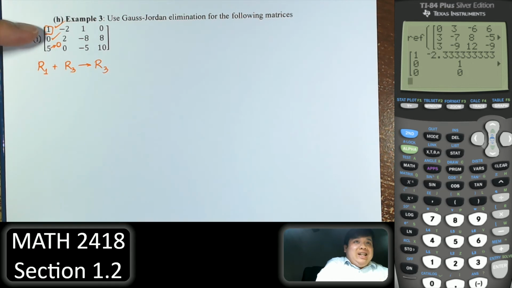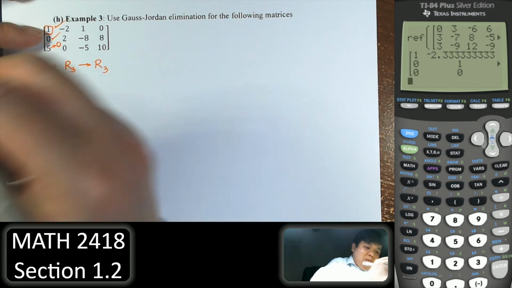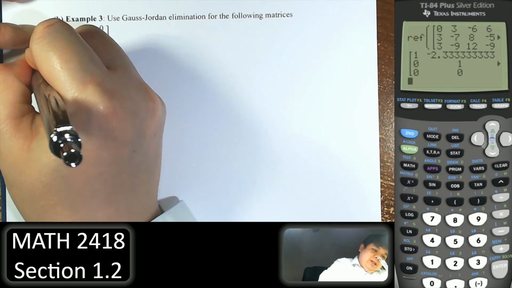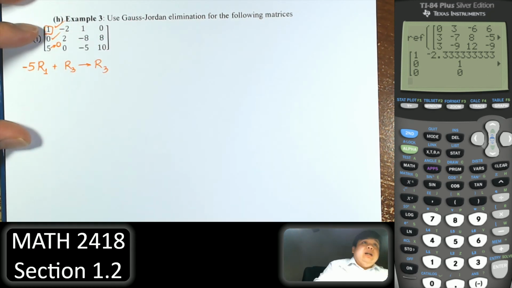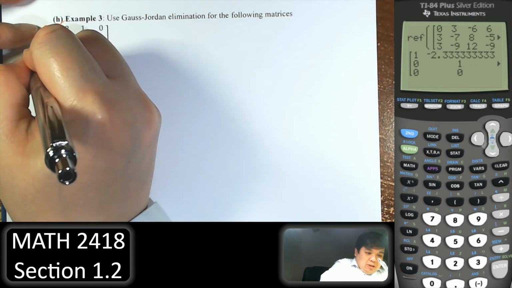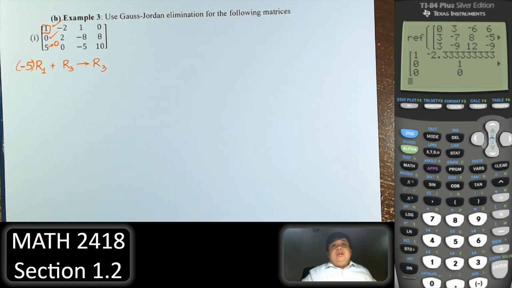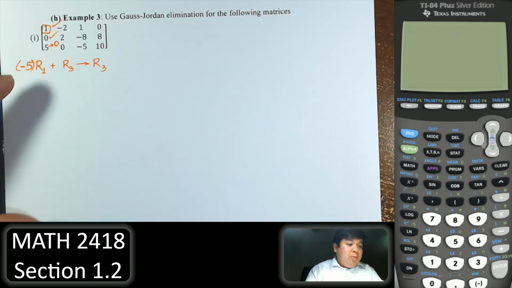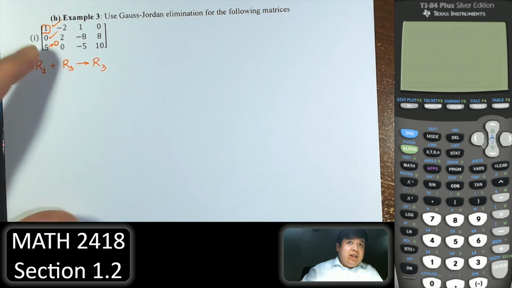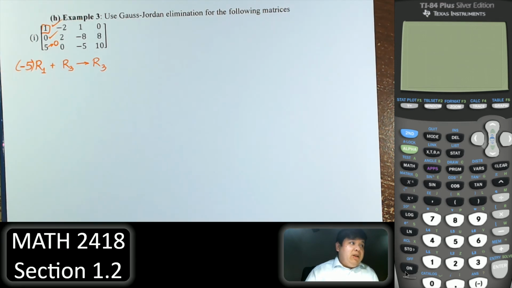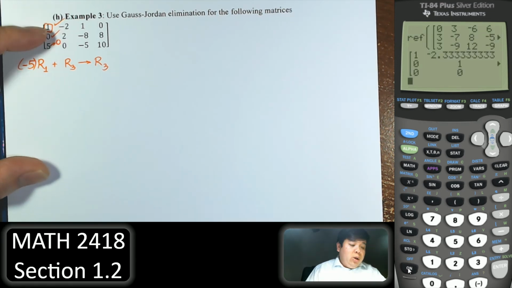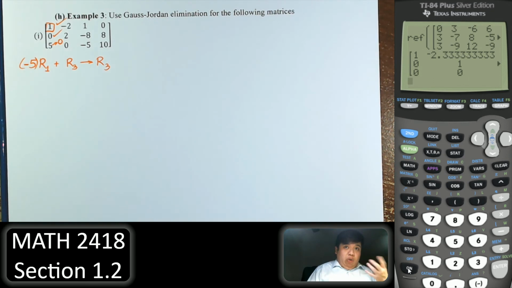If the pivot is 1, it's easy. To get to 5, we just multiply by 5. But in this case, we take the opposite of the number we're trying to eliminate, multiply it to the pivot row, and add it to replace the row we want to eliminate.